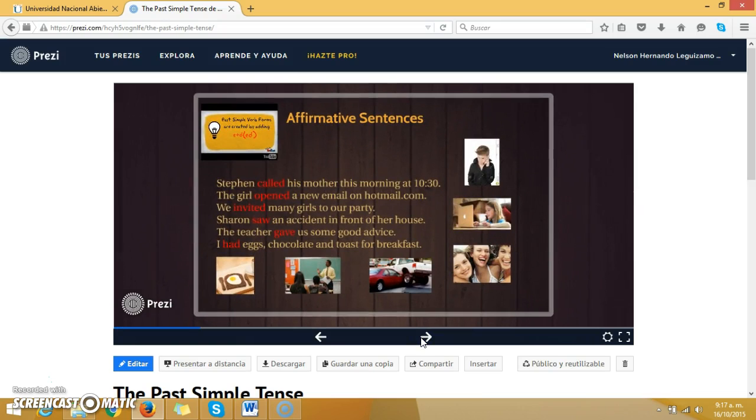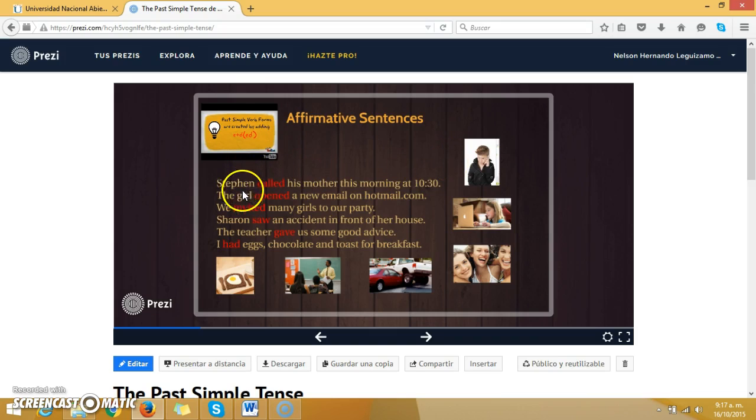Well, as you can see, affirmative sentences, I selected some verbs that are regular and other verbs that are irregular. I also included a video. For a student, it's much easier to understand and to learn when we have the sentence and we make the relation with a picture.